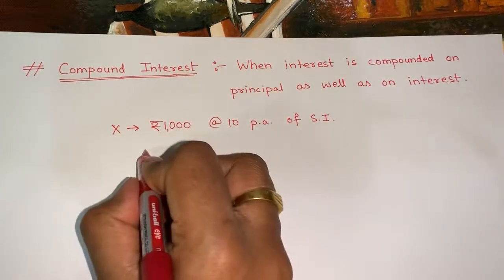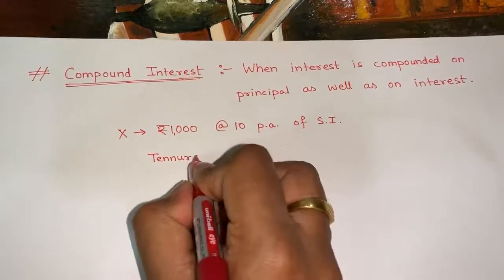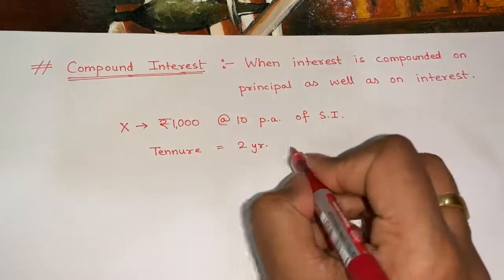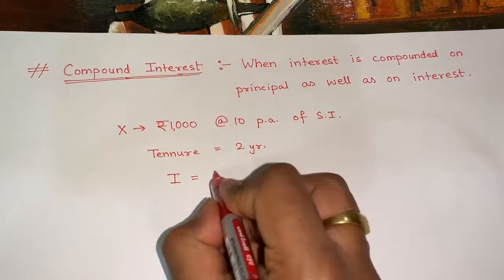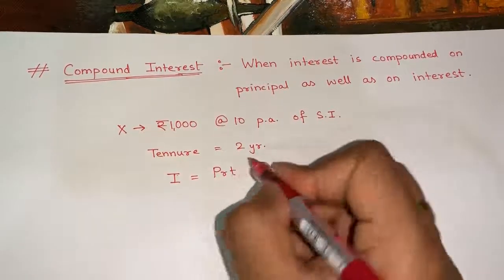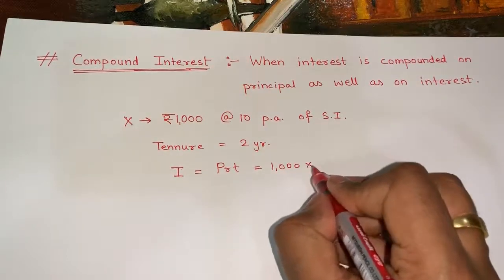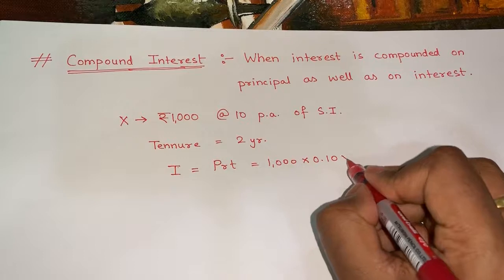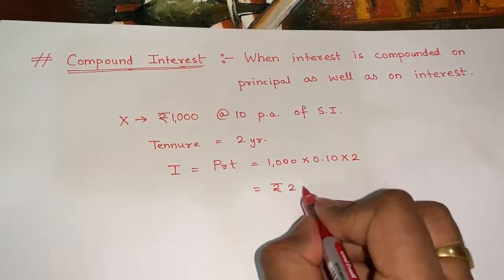So if the tenure of loan is 2 years, in that case the total interest that Mr. X would be giving is PRT, which is equals to 1000 into 0.10 into 2 years, which makes it to rupees 200.